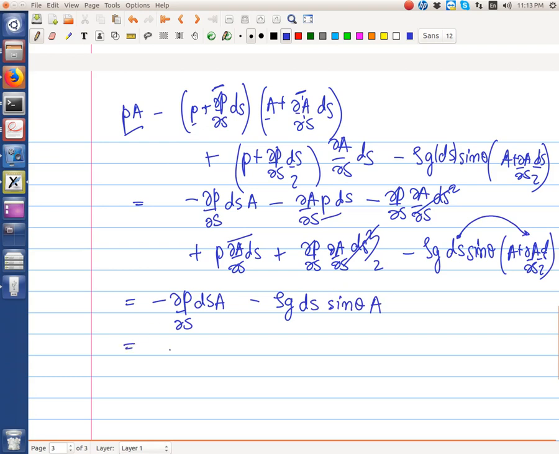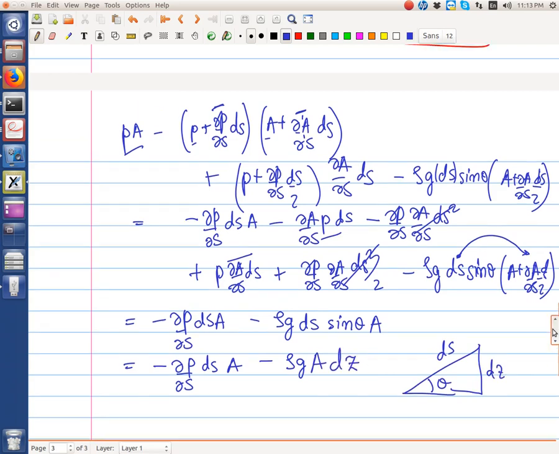So this is equal to minus del P del S ds A minus rho g ds sin theta. What will be ds sin theta? This was ds and this was theta, so clearly ds sin theta is equal to dz.